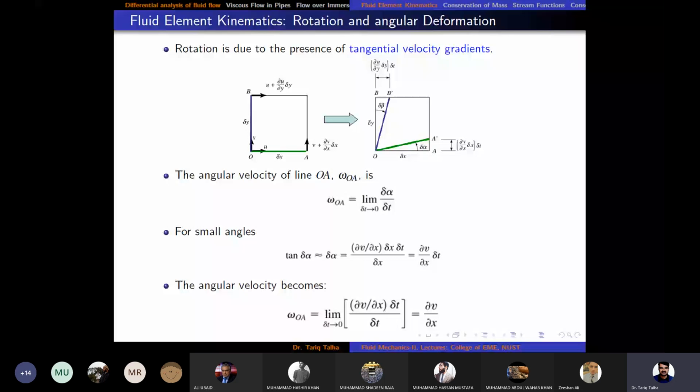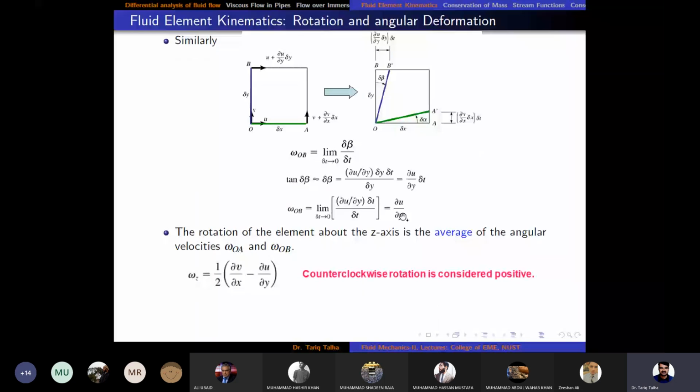And then similarly, the angular velocity for line OB comes out to be equal to partial u by partial y. So the rotation of the element about the z-axis is the average of the angular velocities. Because these two are in different directions, one is counterclockwise, which is delta alpha, and delta beta is the clockwise direction.